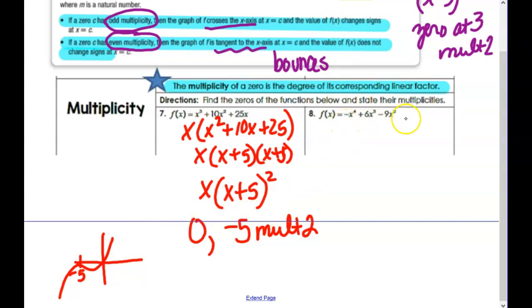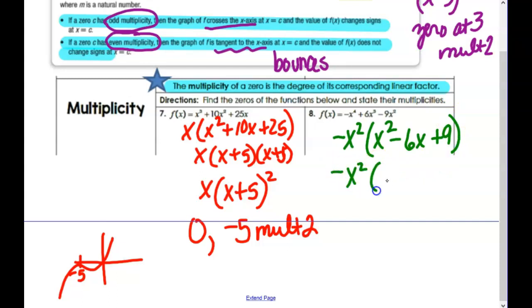All right, what can I take out of all these? I would take a negative and an x squared out maybe. That would leave x squared minus 6x plus 9. Did that work? Which factors x minus 3 and x minus 3.